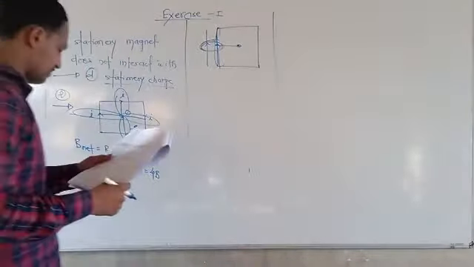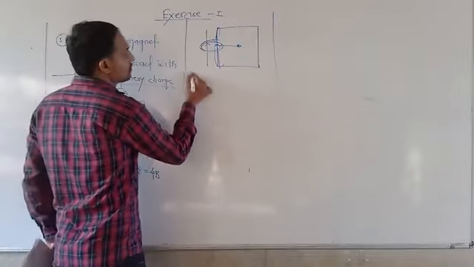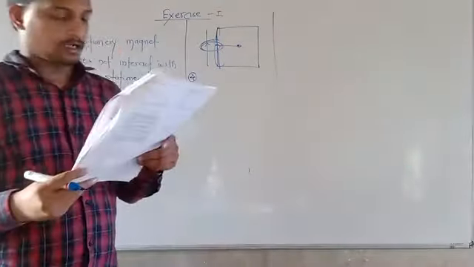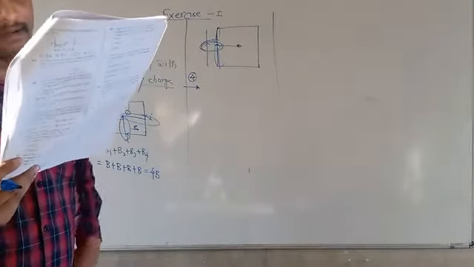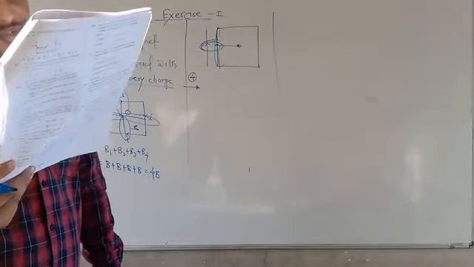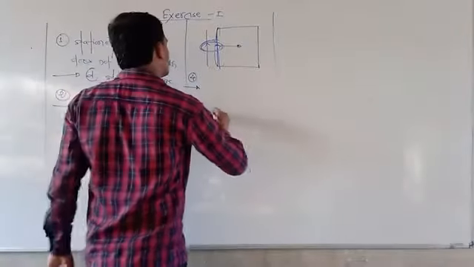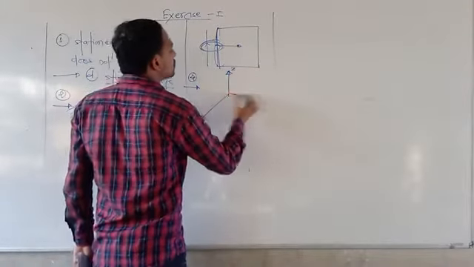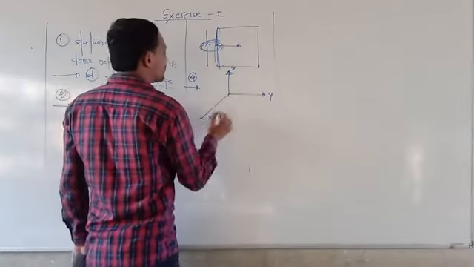After that we have question number 4. In question number 4, what did they say? A current of 10 ampere is established along a wire in the positive z direction. So we have considered here z, y and x.